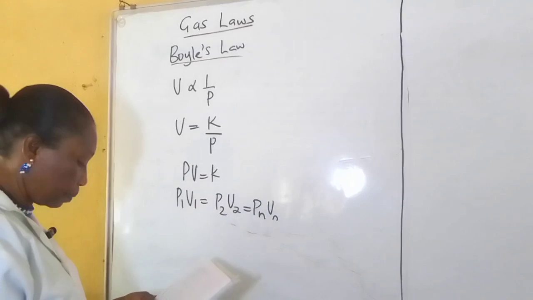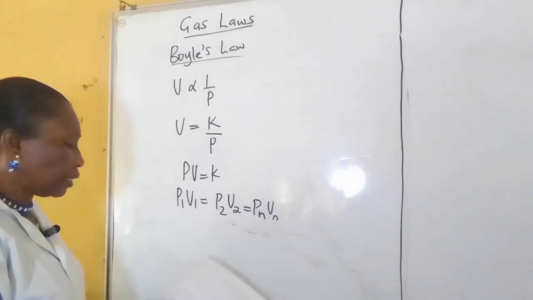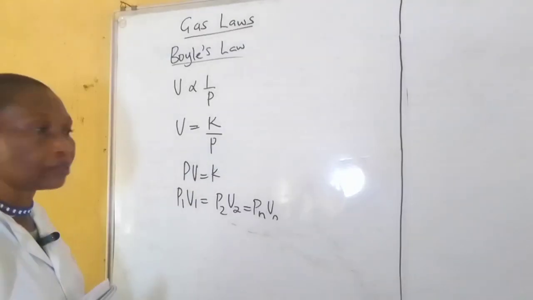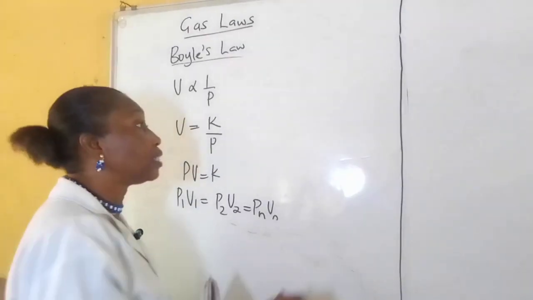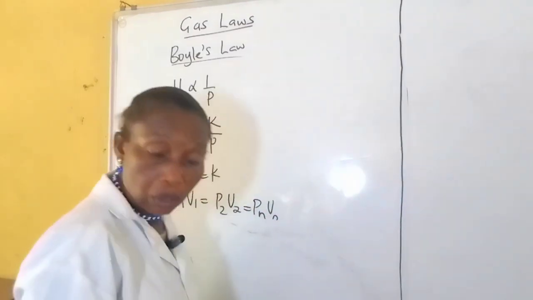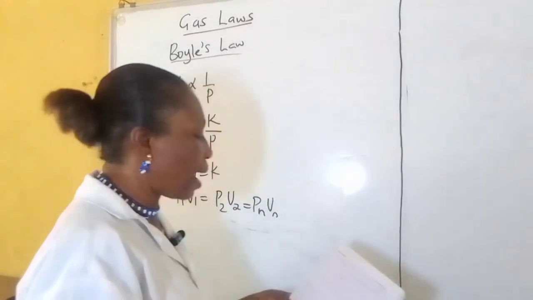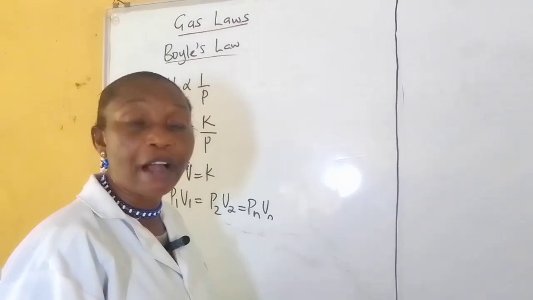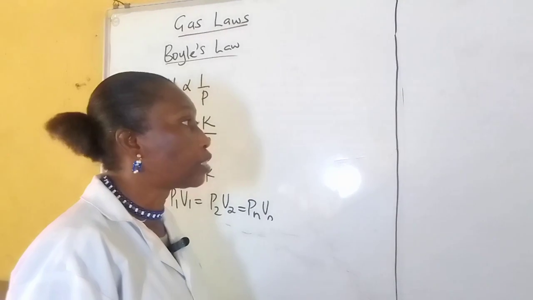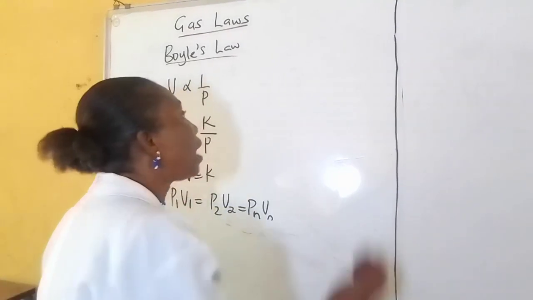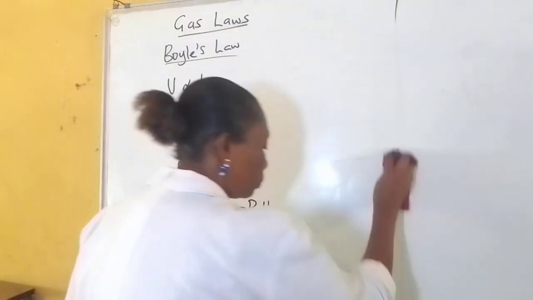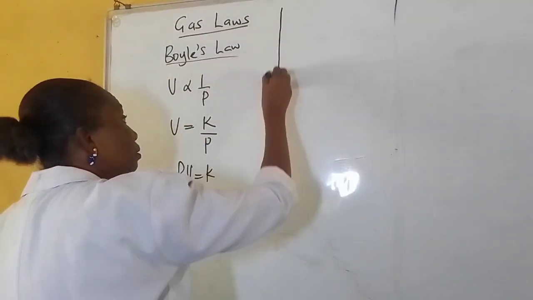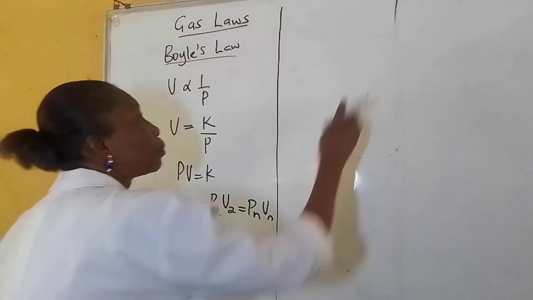Now let's look at the graph that represents this expression of Boyle's law. Now here I have about 3 graphs representing Boyle's law.